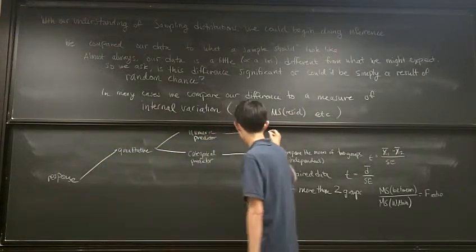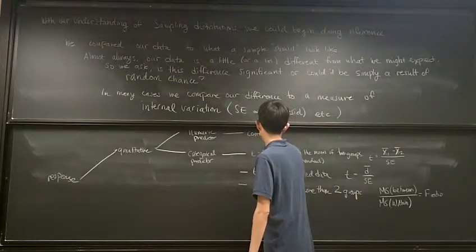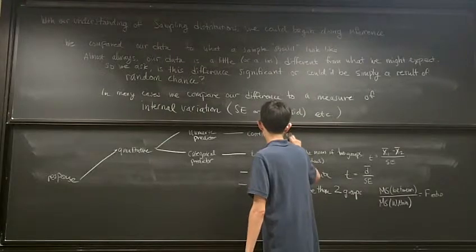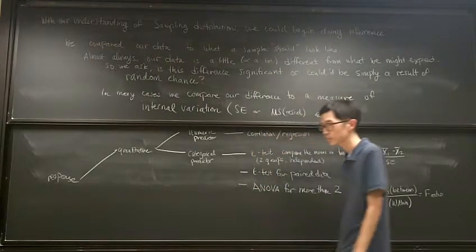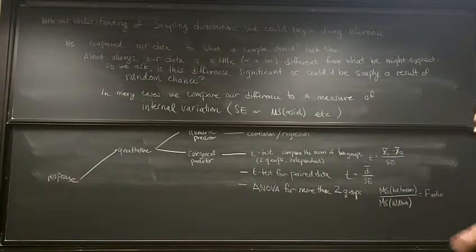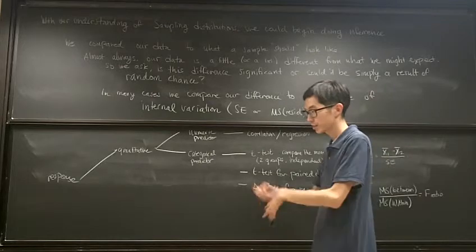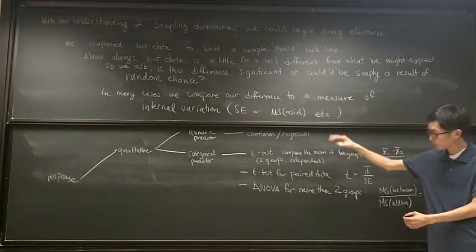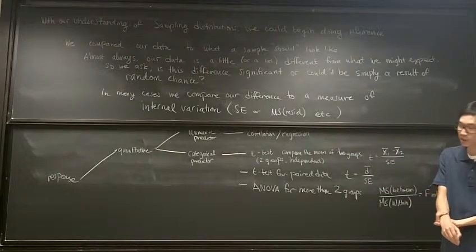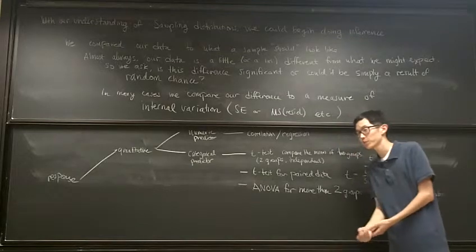For that we used correlation and regression. And we just saw, is there a relationship between the numeric predictor and the numeric response? Is there a relationship there or not?